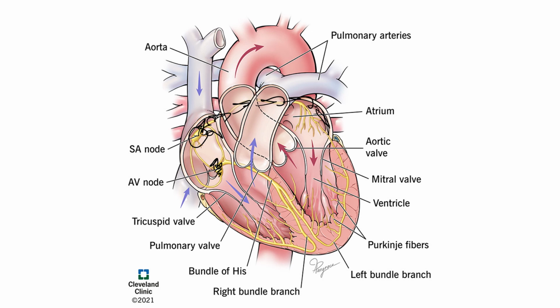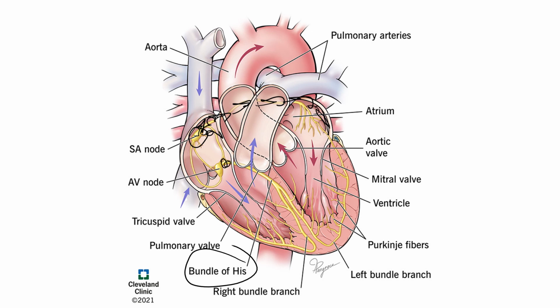That's where we see this PR segment, the delay between the contraction of the left and right atrium and the left and right ventricle. All right, so the action potential propagates through the AV node fibers quite slowly, but then finally it propagates into the conduction fibers that make up the bundle of His.